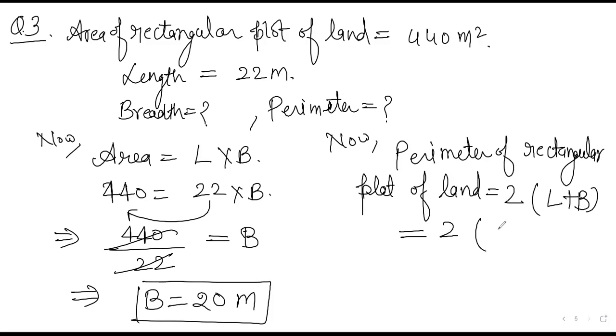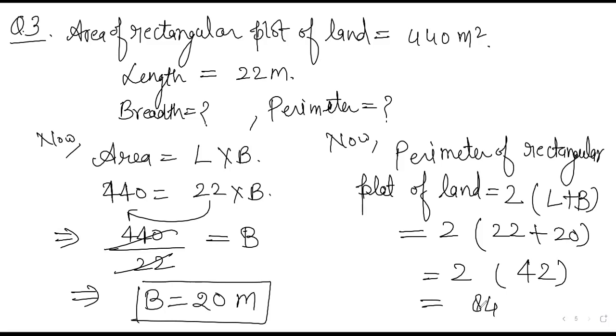So L is 22, B is 20. This gives you 2 bracket 22 plus 20, that gives 42. If you multiply, because the 2 is outside the bracket, you will get 84 meter. Not meter square, simply meter, because the perimeter is asked, so it is in meter.